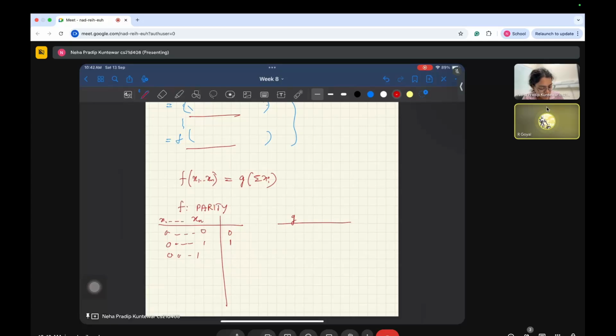So if we have even parity, the sum would also come out to be even. So I can define this g function as a mod 2 function. If I define g as a mod 2 function, basically g would be an XOR kind of thing. So g in this case is just an XOR function.